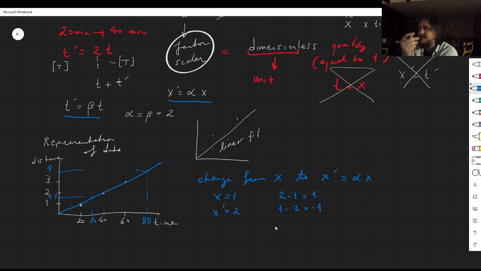So the convention is when you're talking about differences, you subtract the old from the new, or after minus before. So in our case, x prime minus x. This is a later time, this is before. So after minus before, and call this the change. So we don't use this one, but we use that one.